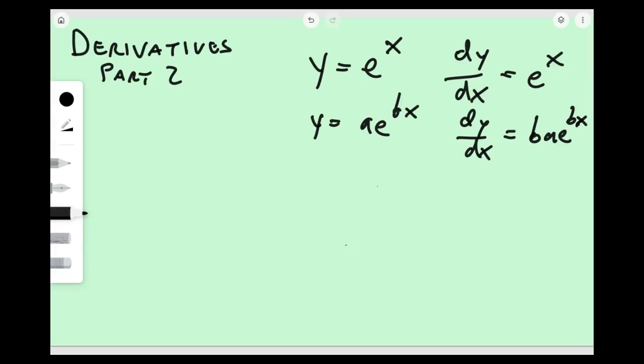We can make this more complicated. y equals a e to the bx squared. And when we're doing this, what really happens is we're going to use something called the chain rule. So we're going to take the derivative of the main function, and then we'll take the derivative of what's inside it too.